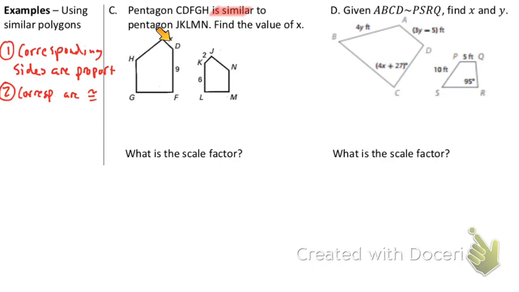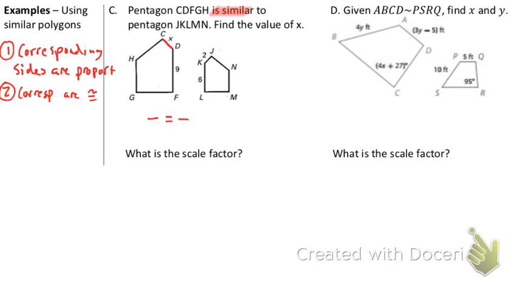So if you look at x, is x an angle or is x a side? And hopefully you understand that x is a side. So what we're going to do is we're going to use rule number 1. We're going to set up a proportion involving the side x. So we're going to write down x, and remember, a proportion is when you have two ratios equal to each other.